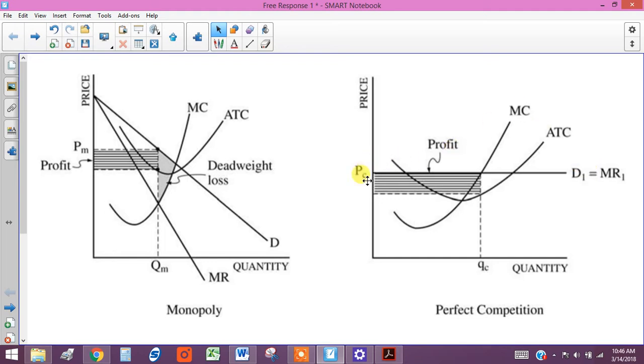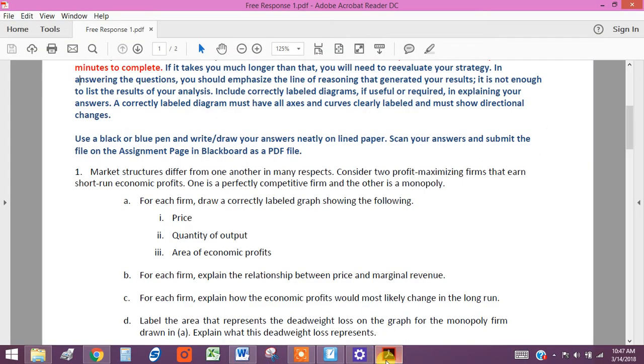So their price is going to be set at a certain level. Your quantity is going to be where marginal cost equals price right here. Okay, so that's where you're going to set your quantity, where marginal cost equals price. Okay, let's go back to our question.